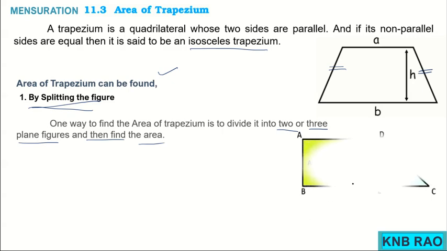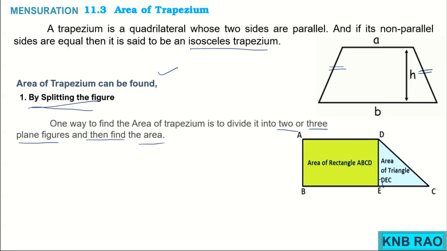For example, here I have a normal trapezium, not an isosceles trapezium, it is a general trapezium. I have constructed a perpendicular, and it became 2 pieces, one rectangle piece and another triangle piece.